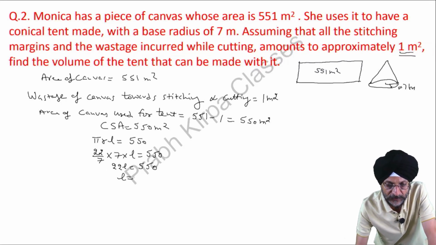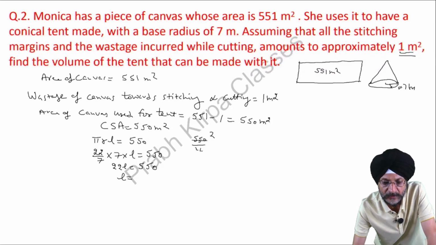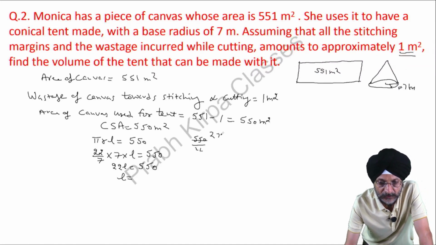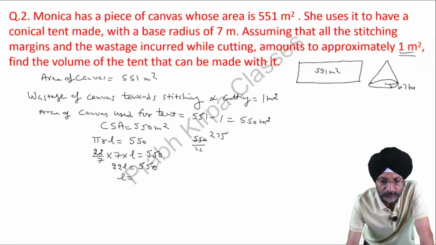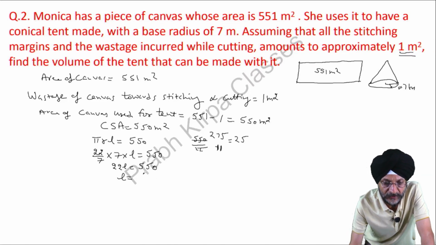What is the value of slant height? The value of slant height L is 25 meters.